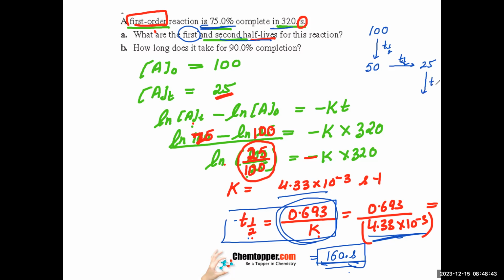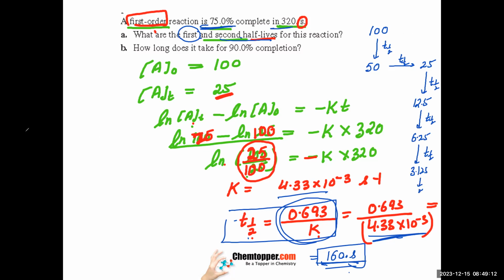After third half-life? 12.5. After fourth half-life? 6.25. After fifth half-life? Again divide by 2. 3.125 and keep going on.